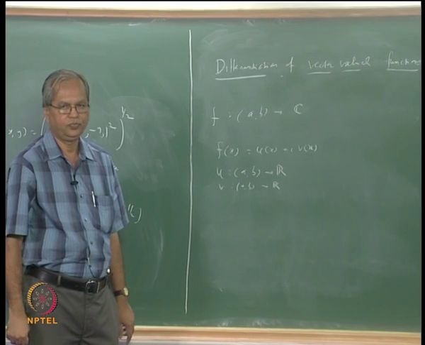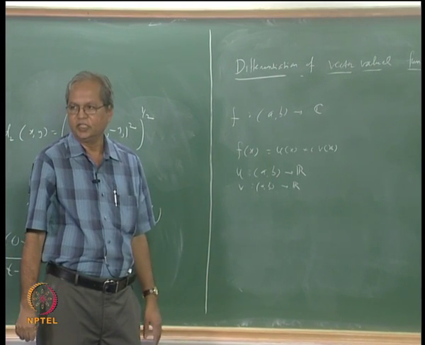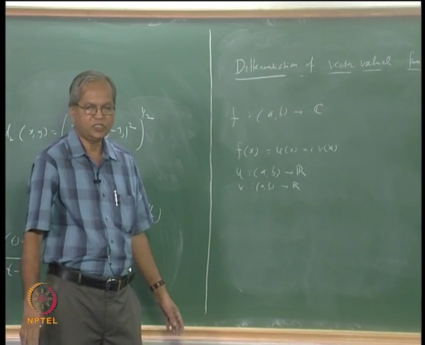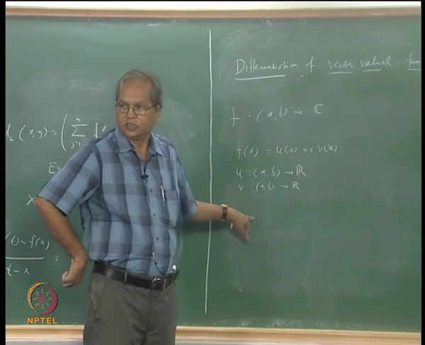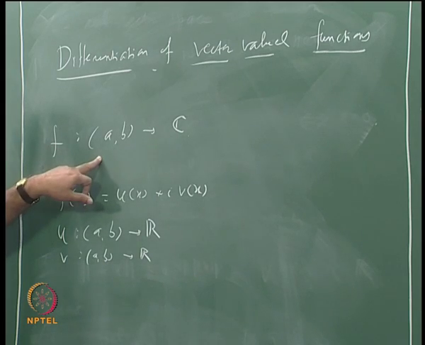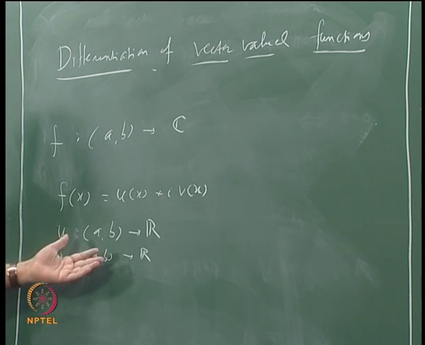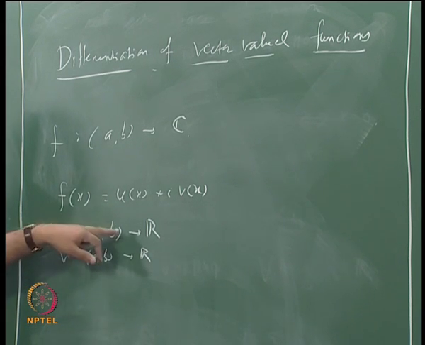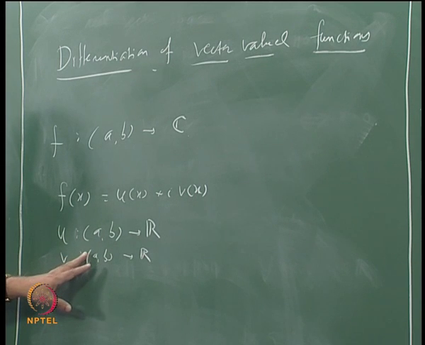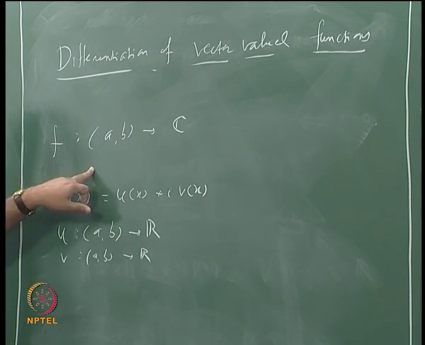Now the obvious question here is, suppose we know that f is differentiable at a point x, can we say that u and v are also differentiable? And similarly what about the converse: suppose we knew that u and v both are differentiable at a point x, can we say that f is differentiable?